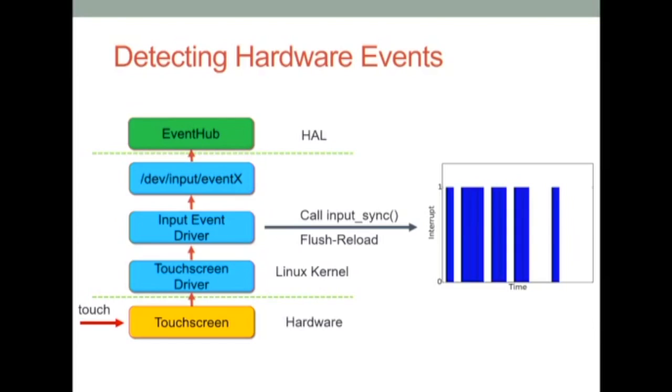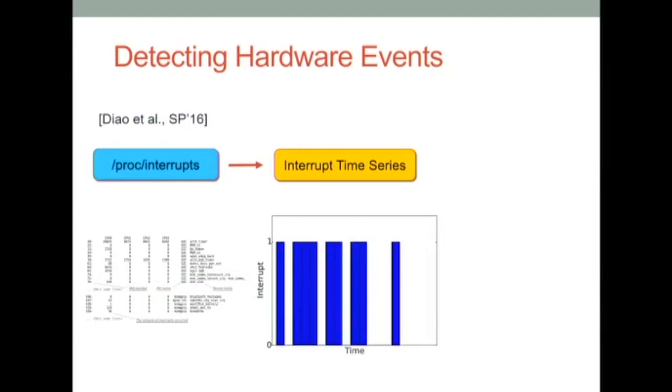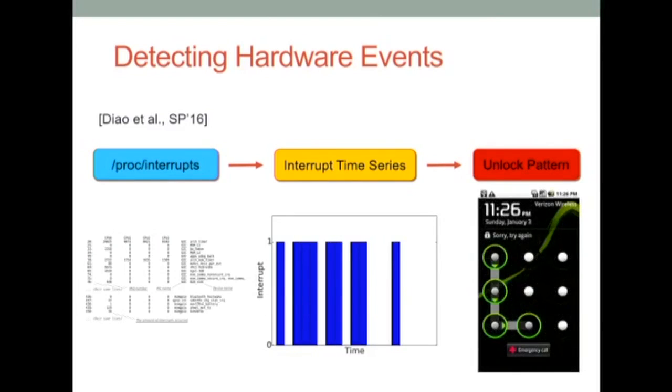So what is the purpose of doing that? Remember there was a USENIX 16 paper, and in this paper they show that by reading the proc file system, they can learn the sequence of interrupts, and using this sequence of interrupts, they can infer the user's lock pattern.